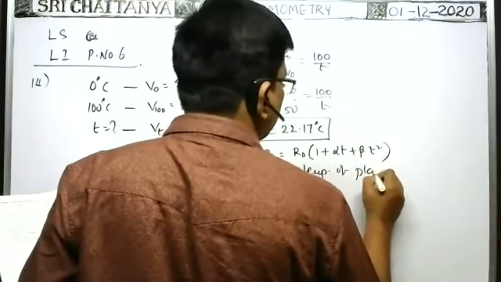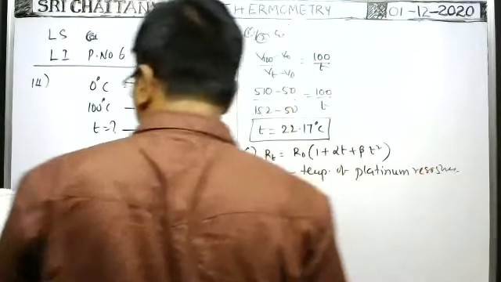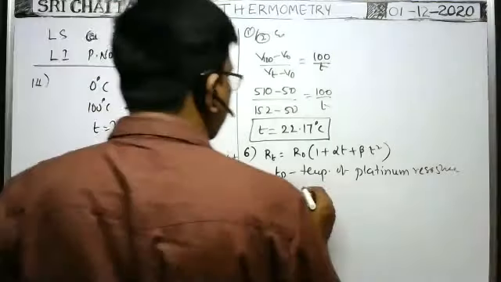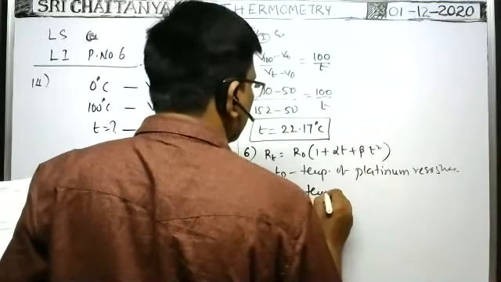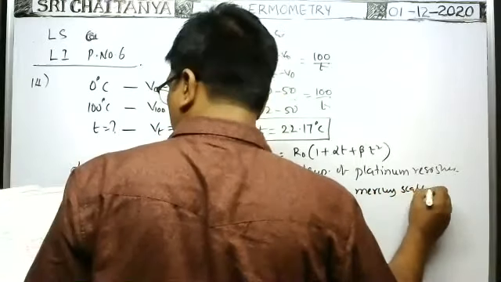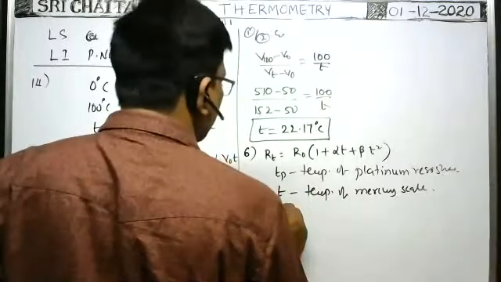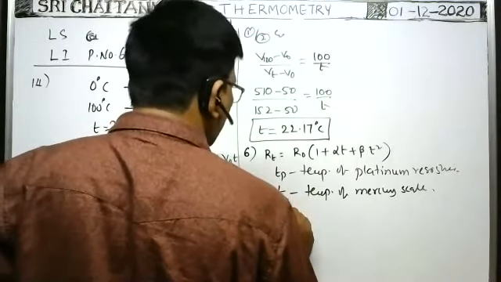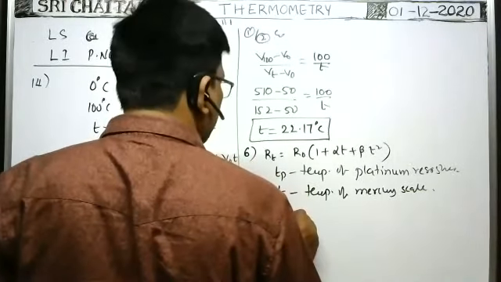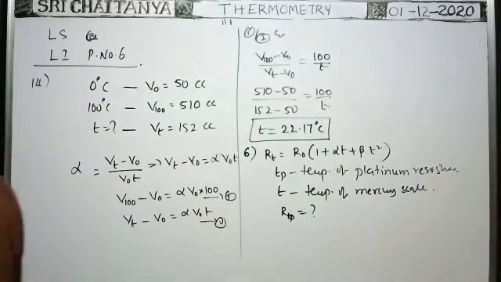T denotes the temperature of the mercury scale. Then the resistance as a function of TP, that is RTP, is equal to question mark. That is the question.